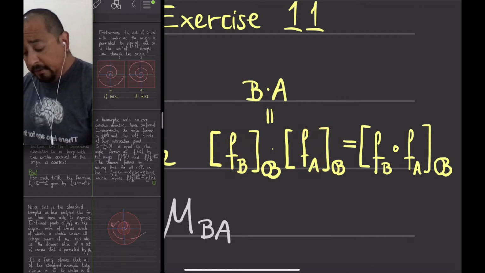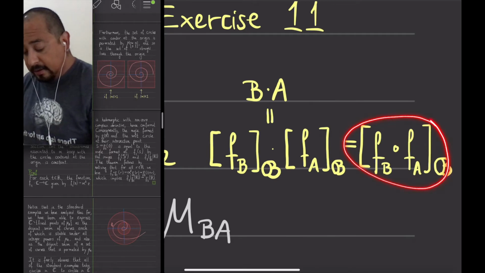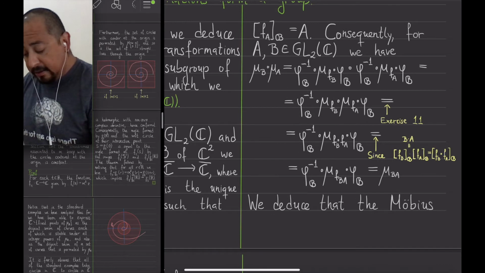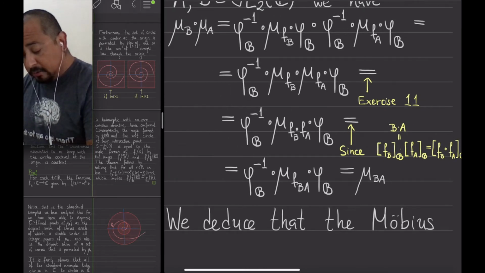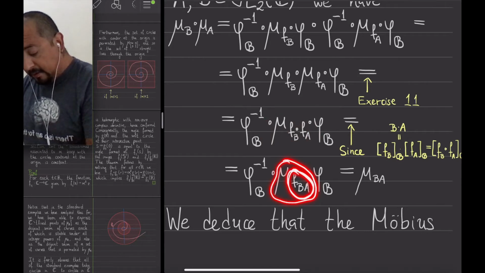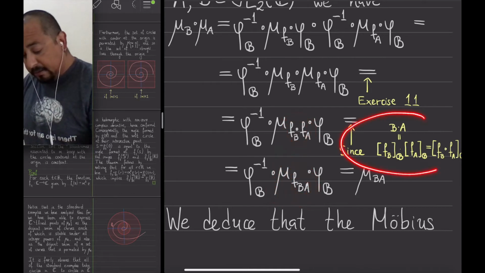And so in this case, given that the linear maps have B and A as associated matrices, we see that this is equal to BA, and this allows us to verify that the Möbius transformation of this linear map is equal to the Möbius transformation of this linear map, simply because this linear map is equal to this linear map because of this.